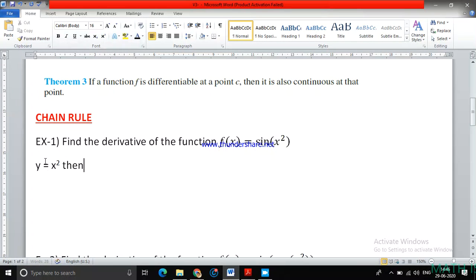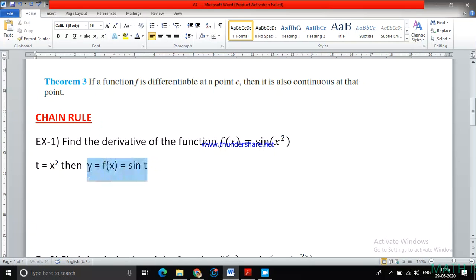Then instead of y, let me use another function, say t equals x square. Then you have f of x equal to sine t. Then if you want y, you can take y equals f of x equals sine t.